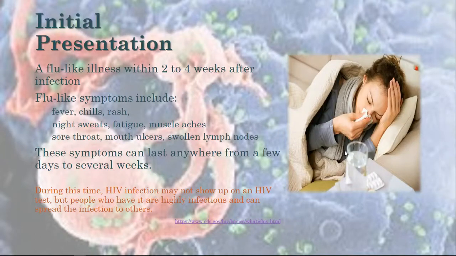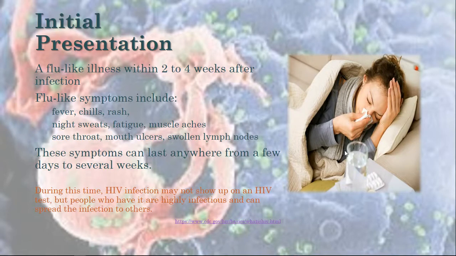So initial presentation for HIV, people can present with a flu-like illness, and it's just what it says. You can have flu-like symptoms like fever, chills, a rash, night sweats. You can be fatigued, muscle aches, sore throat. You can have mouth sores, and your lymph nodes can become swollen. So these symptoms can last anywhere from a few weeks to several days.